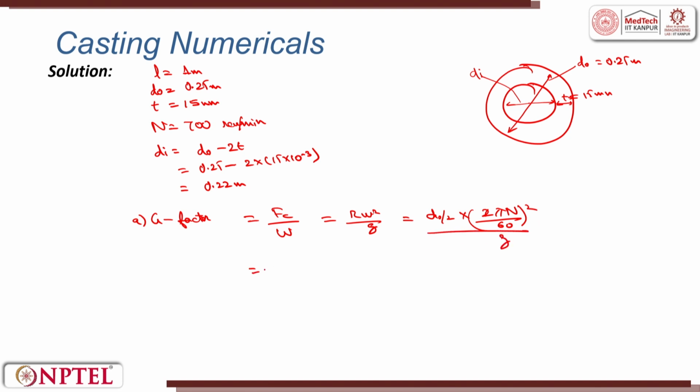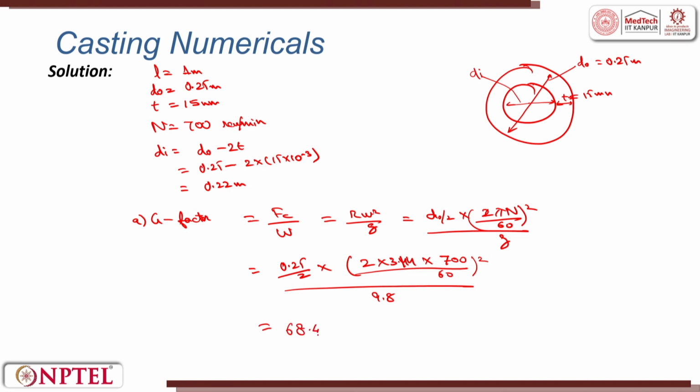This is equal to 0.25 by 2 into 2 into 3.14, that is the value of pi, into n, that is 700 revolutions per minute, n is 700 by 60 square by g. This gives me the G factor as 68.46.